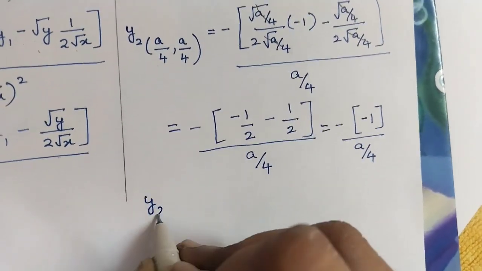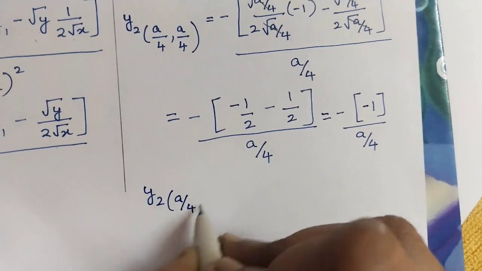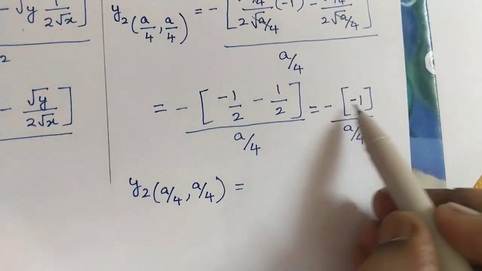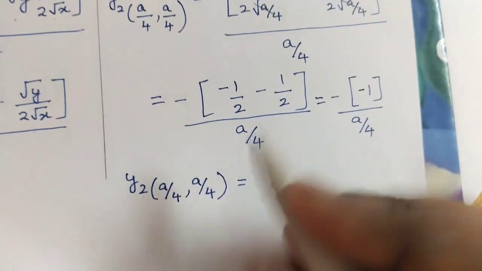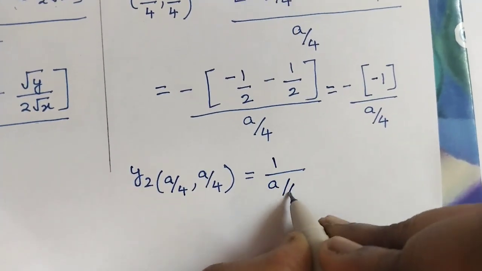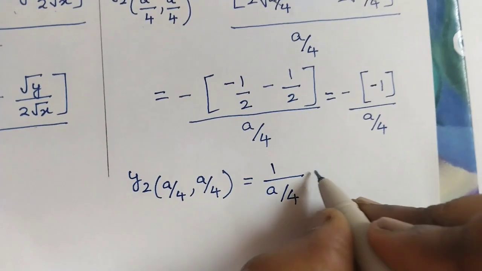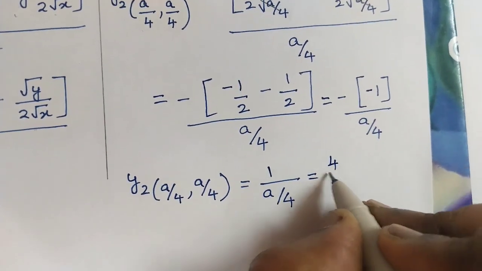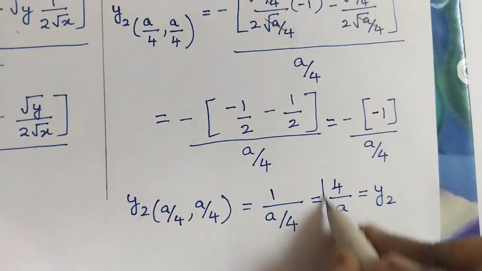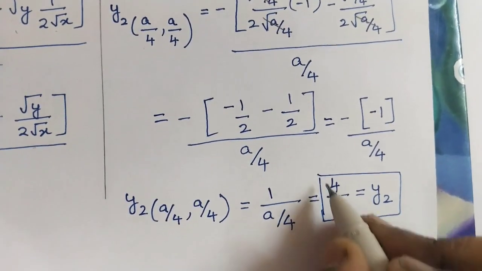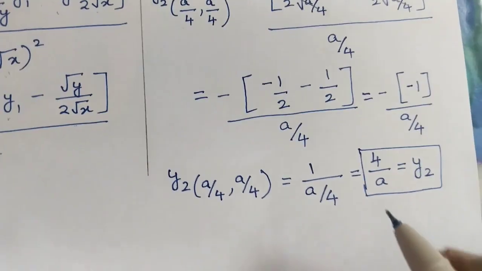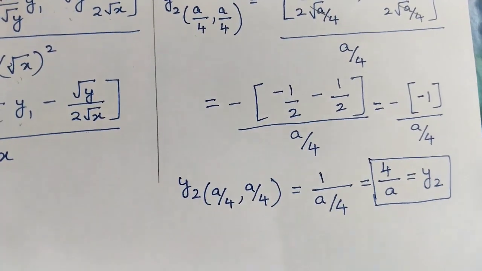So y2 at the point a by 4 will be equal to minus into minus, it will become plus. So it becomes 1 by a by 4. When I am taking a by 4 to the top it will become 4 by a, which is equal to your y2. So your y1 is equal to minus 1 and your y2 is equal to 4 by a.